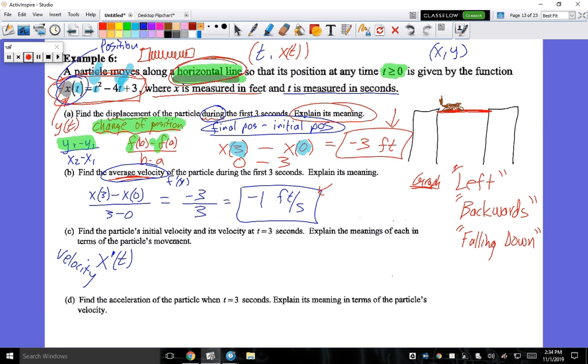Okay? And that goes back to the very, very first thing that I was saying, which is us understanding the different levels of these and their units in the context and interpretation that we're trying to get from them. So velocity is x prime of t. And that, anyone, what's the derivative of 2t minus 4?